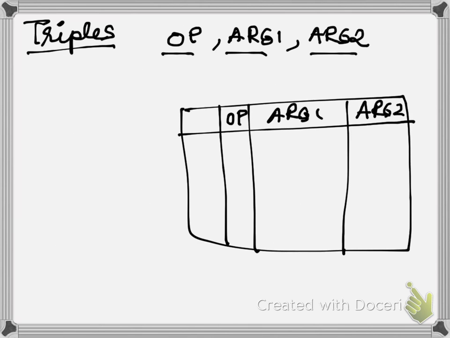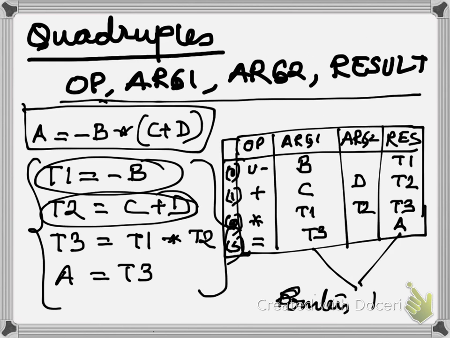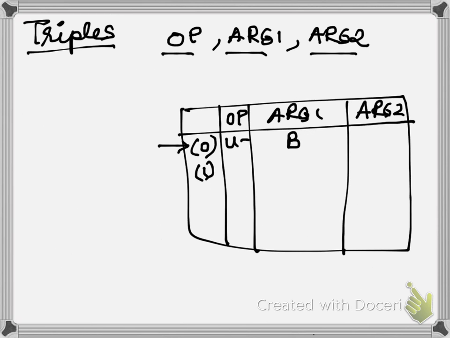So this is statement 0: unary minus, the argument is B, and the result is stored in this statement itself. Next I have T2 assigned C plus D. I'm not going to use T2 anymore. The operator is plus, the first argument is C, the second argument is D.